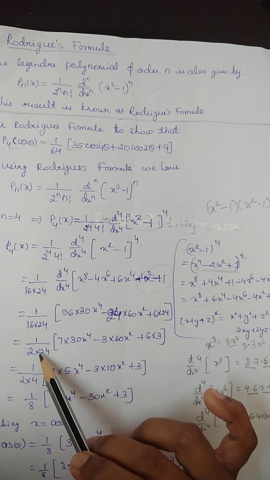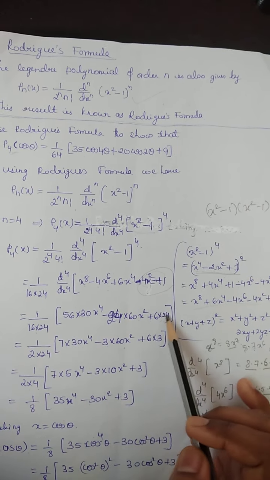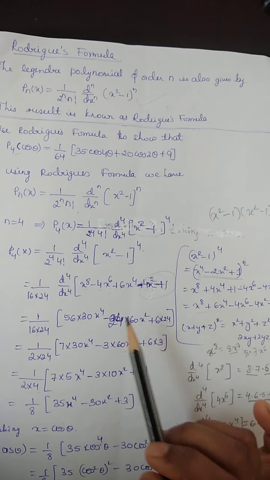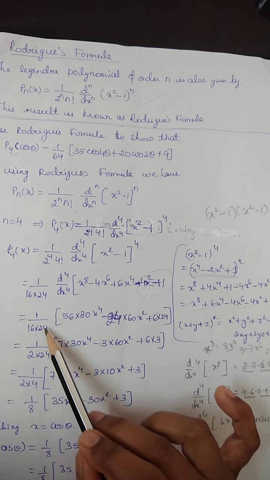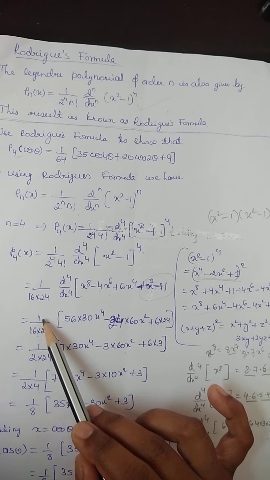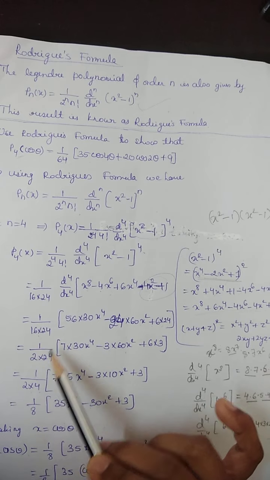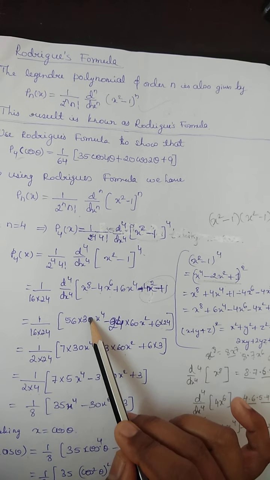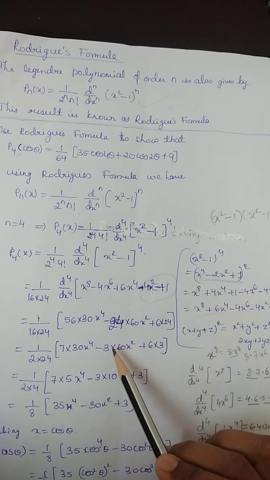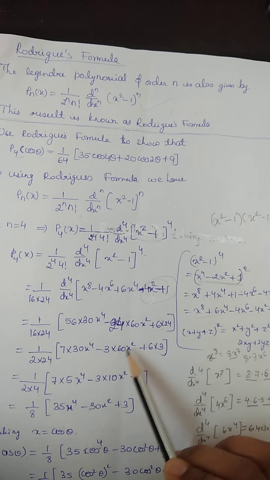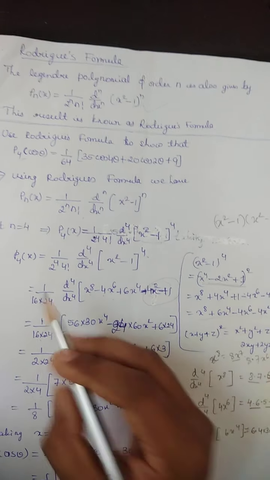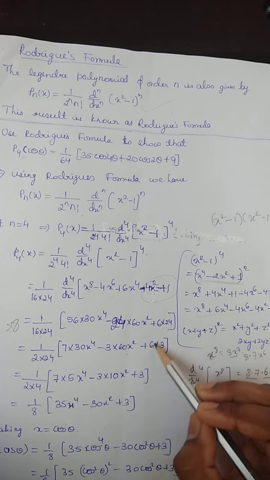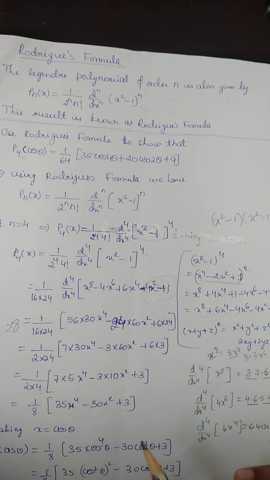So 1 upon 2 raised to 4. Now see, throughout this we can divide by 8. When you divide by 8, 1 upon 8 twos are 16, 24 keep as it is. 8 sevens are 56, 30 keep as it is. 8 threes are 24, 30 x square. I am dividing throughout by 8. So 6 keep as it is, 8 threes are 24.